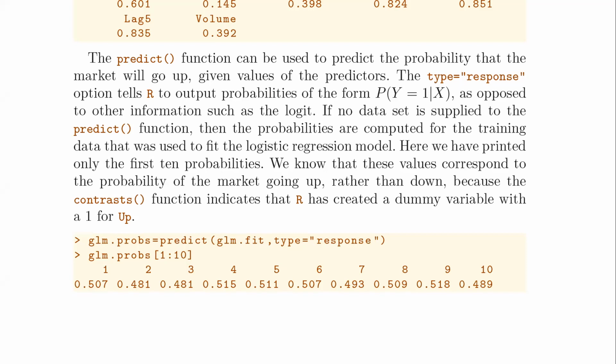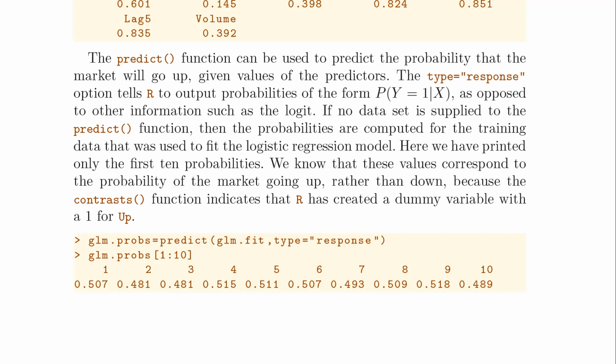The type equals response option tells R to output probabilities of the form probability y is equal 1 given x, as opposed to other information such as the logit. Okay, if no data set is supplied to the predict function, then the probabilities are computed for the training data that was used to fit the logistic regression model.